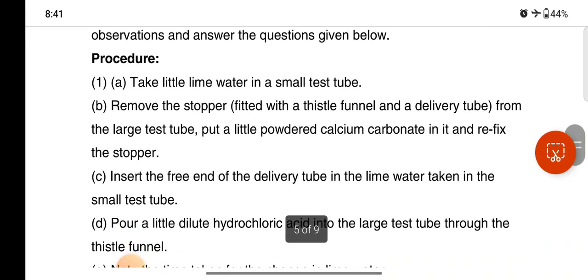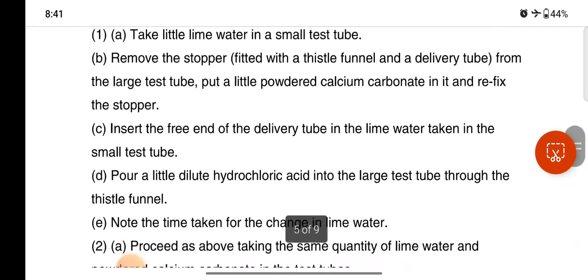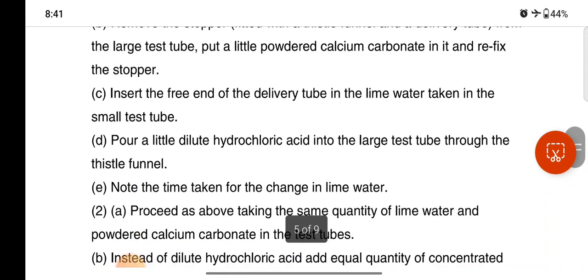A. Take a little lime water in a small test tube. B. Remove the stopper from the large test tube. Put a little powdered calcium carbonate in it and refix the stopper. C. Insert the free end of the delivery tube in the lime water taken in the small test tube.